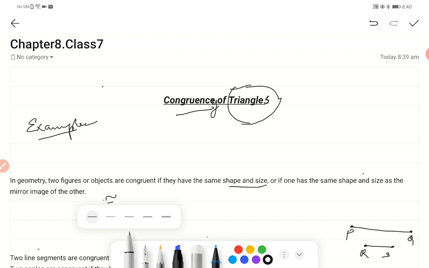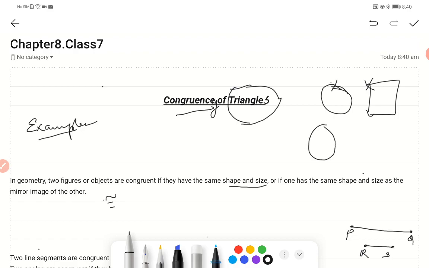See, I have a circle and a square. The shape itself is different, so I will say that the circle and the square are not congruent. Now if I take two circles of the same diameter, to check the congruency of the circles, you will measure the diameter, right?